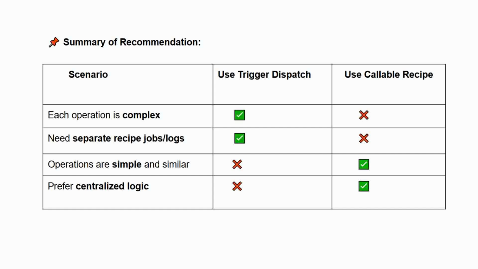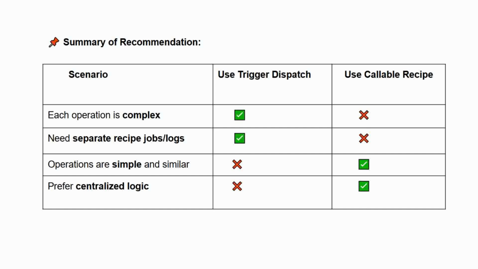For example, if your operation is very complex, I would suggest going with trigger dispatch, because you can call that particular operation separately as asynchronous, and you'll also know the log. Since it's a complex operation, to differentiate you can go with a separate operation function itself.